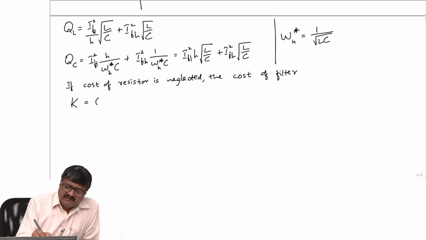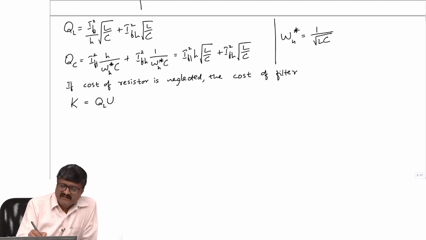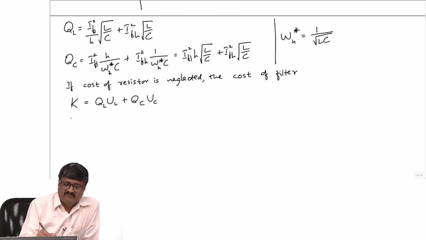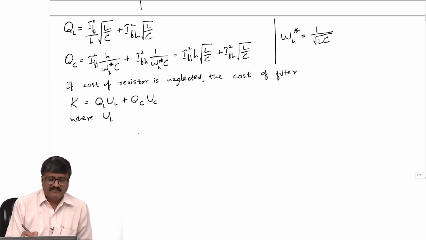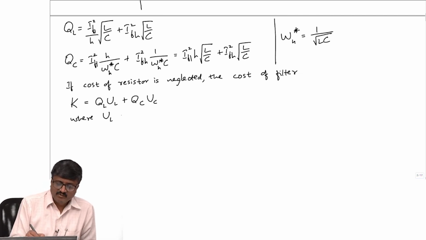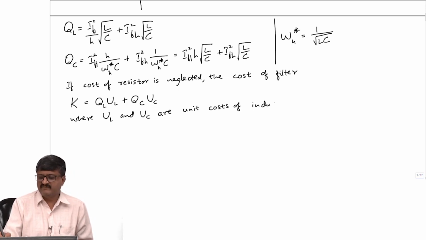The cost of inductor is proportional to the rating of the inductor. So I write this as QL into UL plus the cost of capacitor is QC into UC, where UL and UC are unit costs, that means cost per unit rating, of the inductor and capacitor respectively.